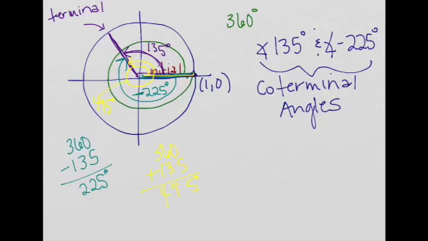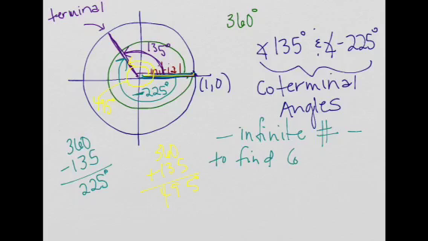So my question for you that I want you to think about is, how many coterminal angles do you think I could come up with? And hopefully you just thought infinite amount. Okay, so you have to be able to come up with coterminal angles, and as you can see, what I just did in order to be able to do that is added 360 degrees.